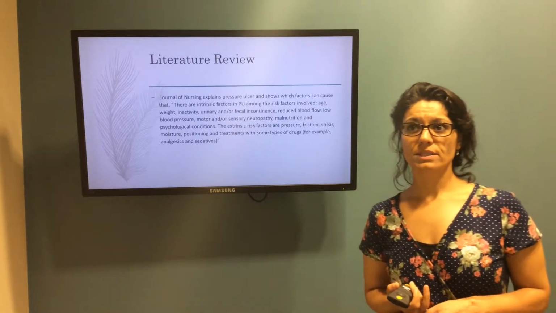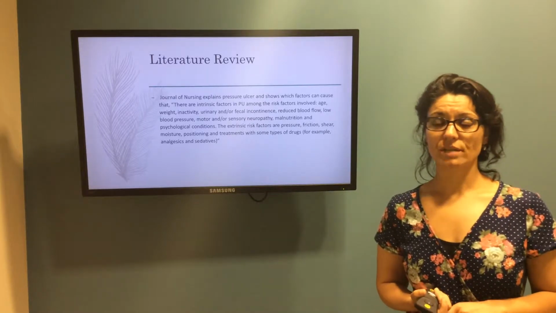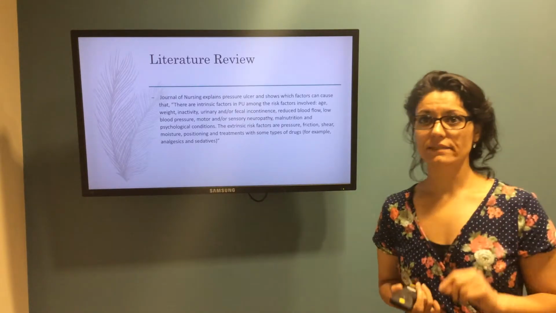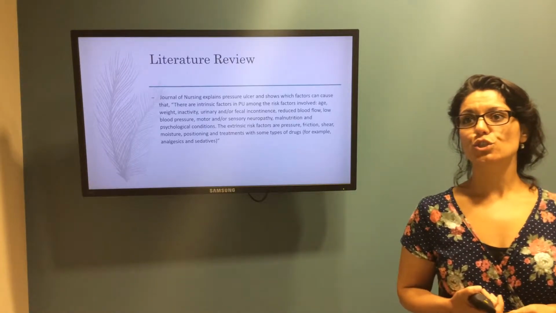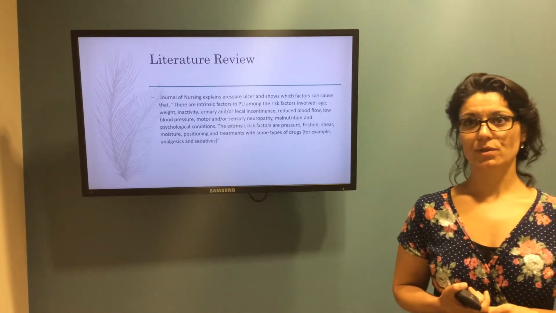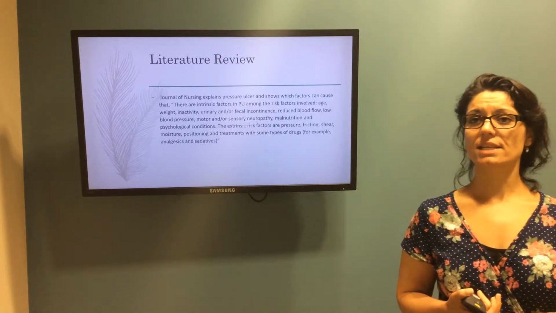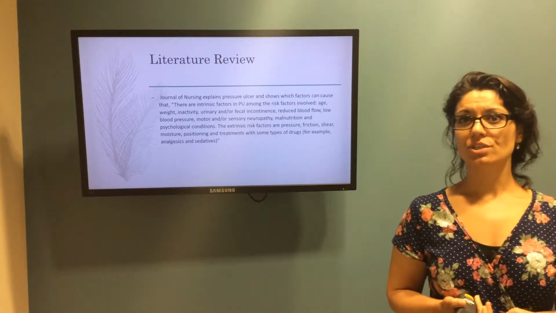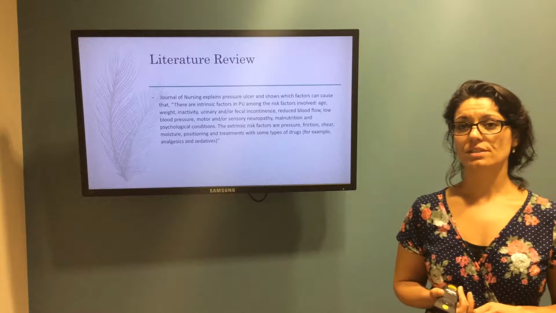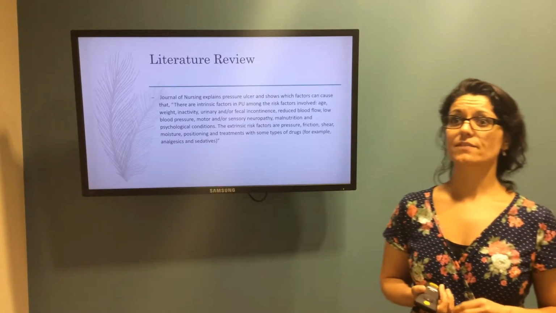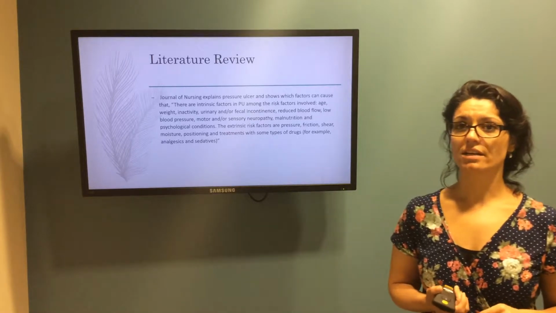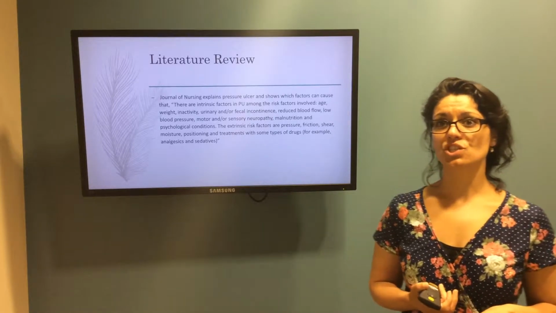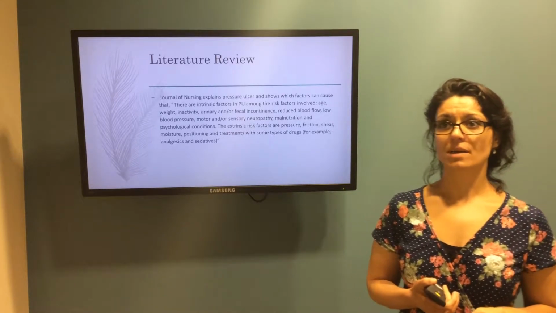Among the risk factors involved are age, weight, inactivity, urinary or fecal incontinence, reduced blood flow, low blood pressure, motor or sensory neuropathy, malnutrition, and psychological conditions. The extrinsic risk factors are pressure, friction, shear, moisture, positioning, and treatments with some types of drugs.